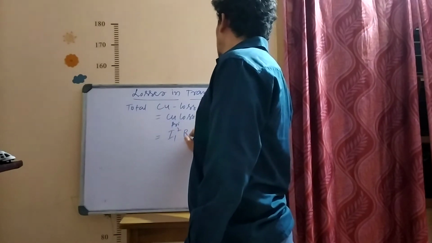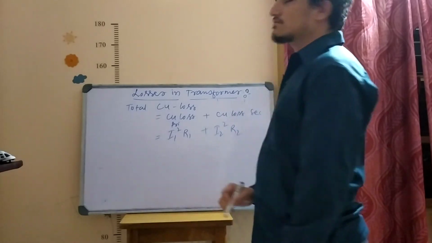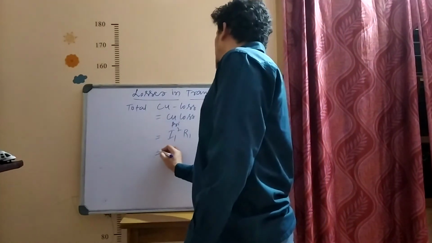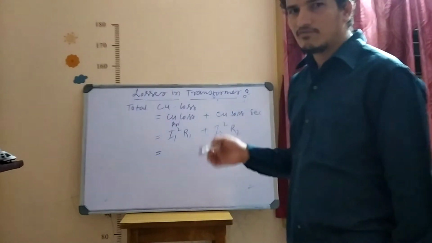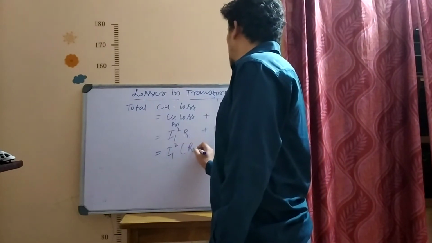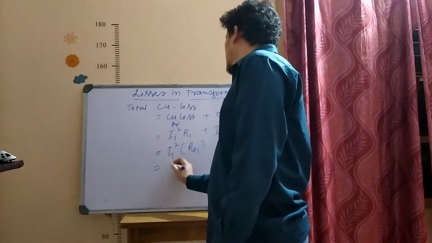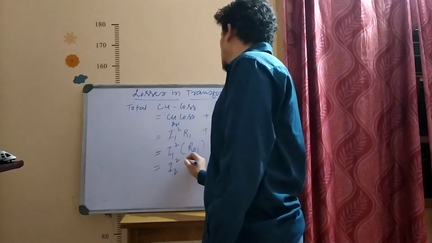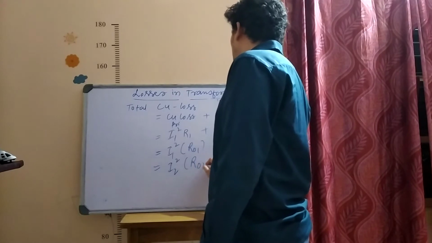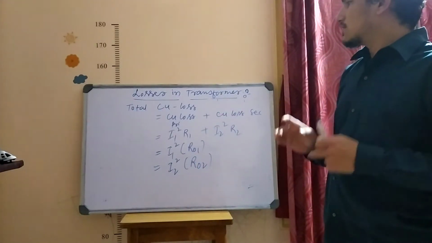I1 square R1 plus I2 square R2. So this can be written like this. If I refer to the primary, I1 square into R01. If I refer to the secondary, the same copper loss can be written as I2 square into R02. Right? This is the total copper loss.